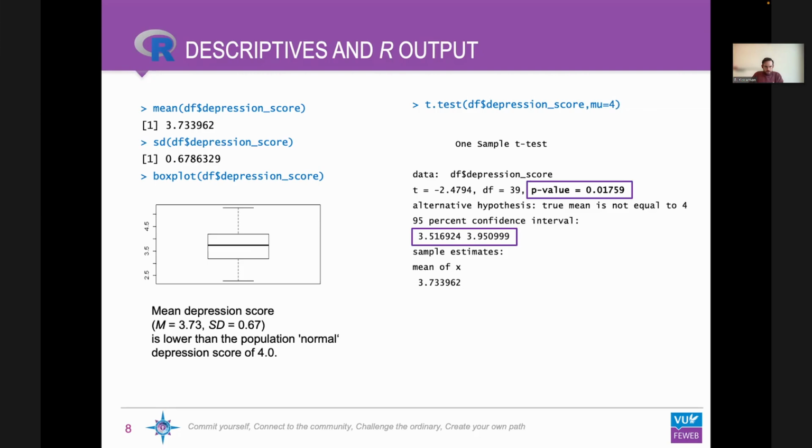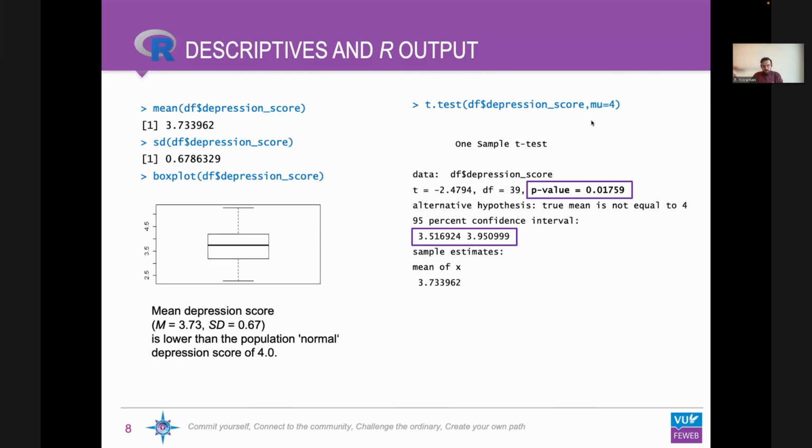Do we have to focus on the mean of X to conclude the mean is not 4? No, you don't have to focus on that. This just gives you an indication of which side of 4 it is. But this is a two-sided test, right?